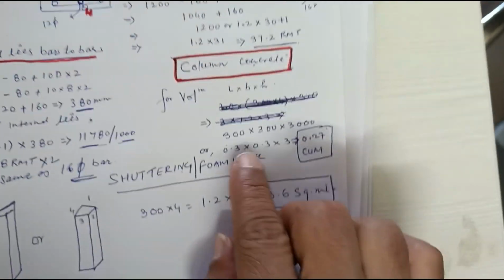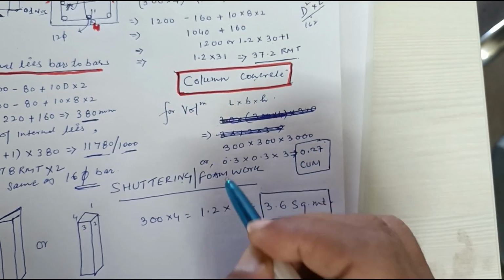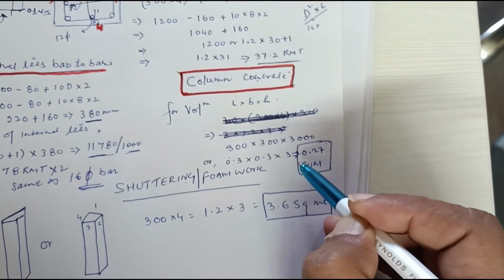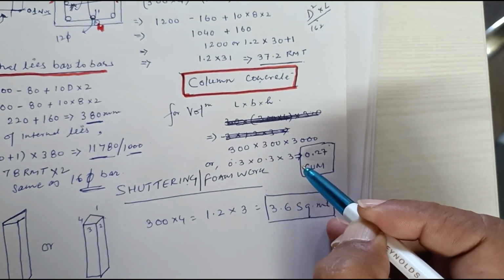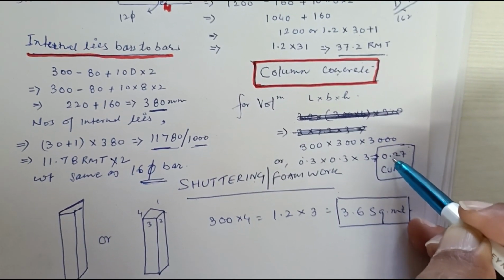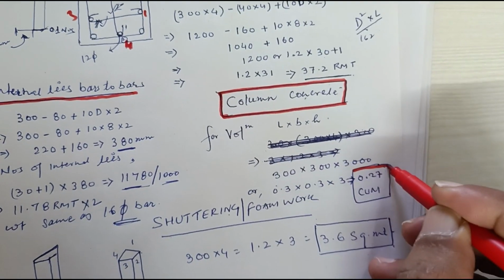Column concrete volume: length, breadth and height. This is already mentioned here, 300 by 300 and 3000. Then you can mention here 0.3 into 0.3 into 3 meter, because you are going to calculate in cubic meter. Then you will get 0.027 cubic meter.